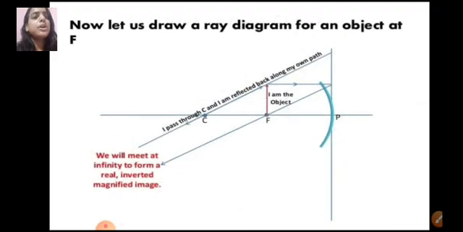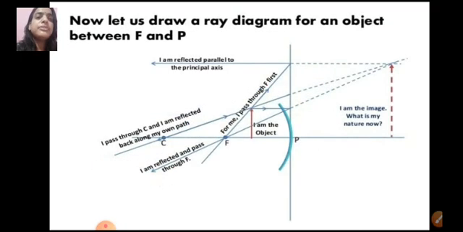Now let us draw a ray diagram for an object exactly at F. So when the object is kept at F, that is at focus, the image will be formed at infinity, because the rays are not actually meeting, but it seems that they will meet somewhere at infinity. Now the ray diagram for object between focus and pole.